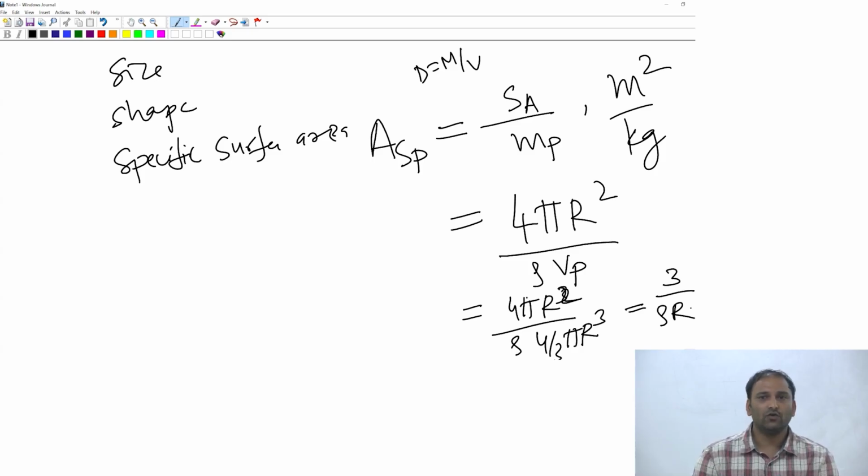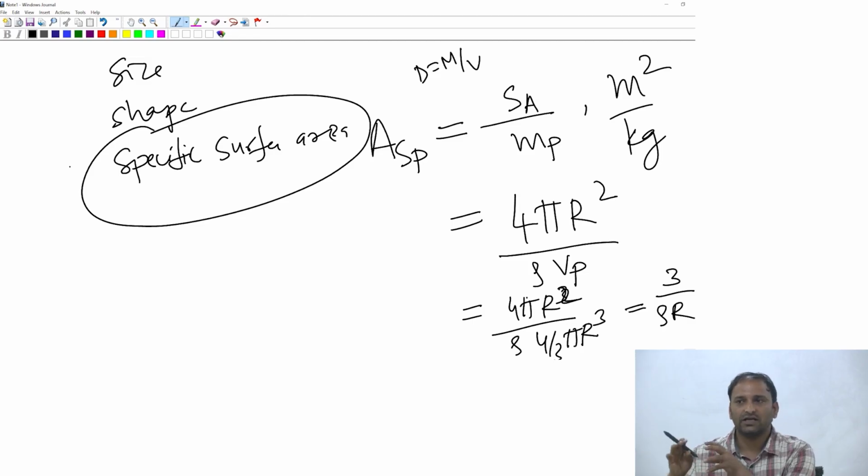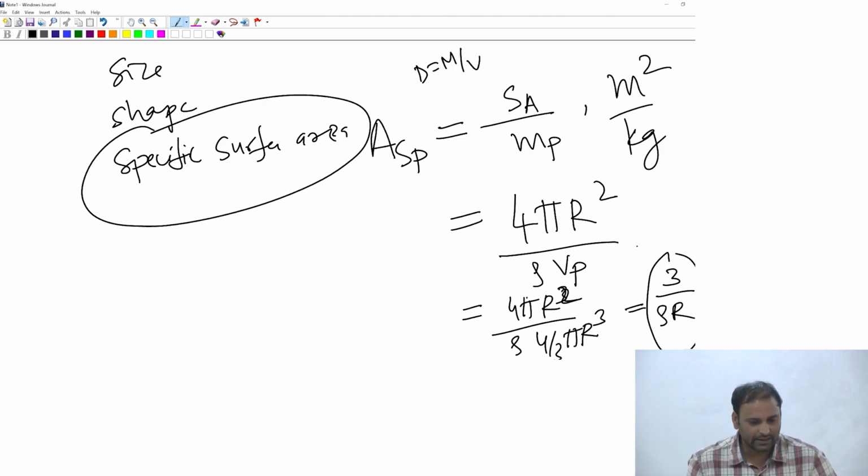Especially if you look at particulate samples which are smaller in dimensions, like nanoparticles and colloidal particles, one of the parameters with which all the particles would be characterized is the specific surface area, which is the surface area of the particle divided by the mass of the particle. And of course, as you would see, it would depend on the size of the particle, the shape, and parameters like that.